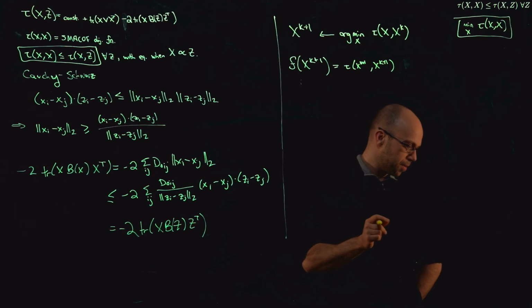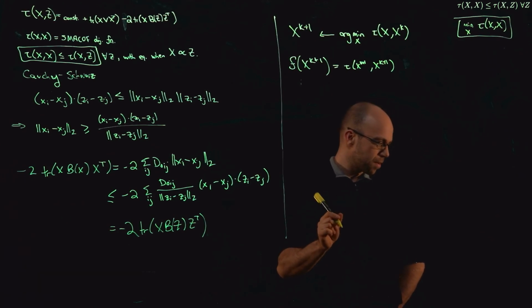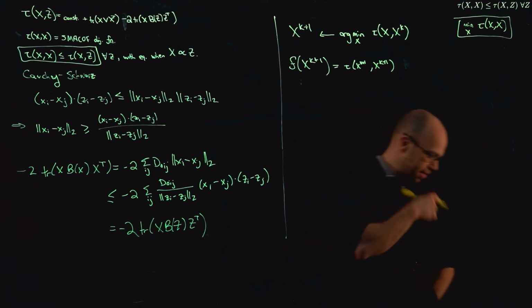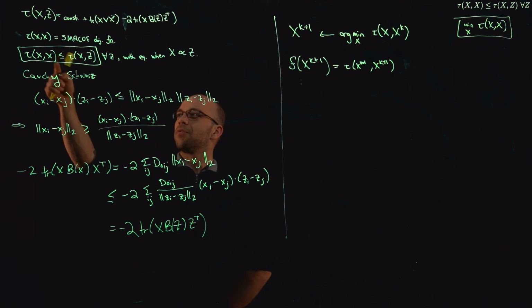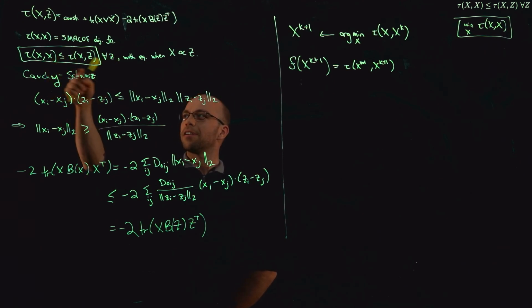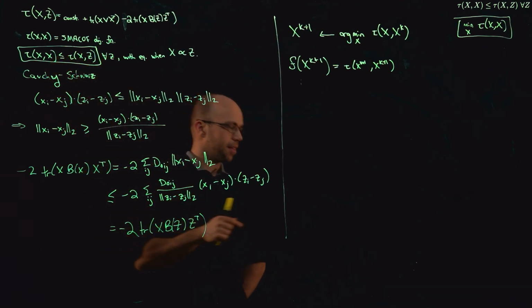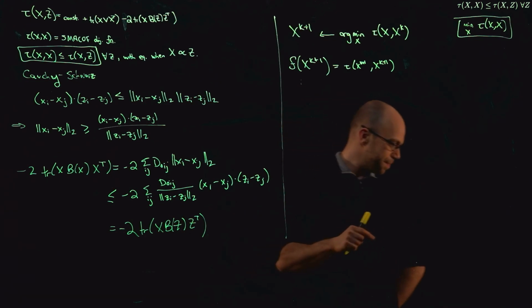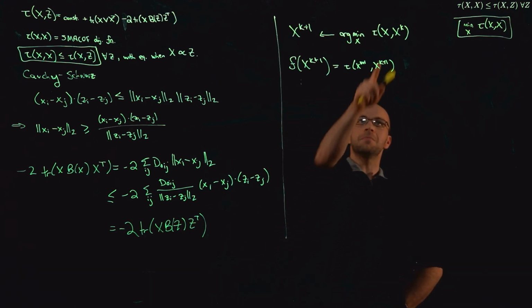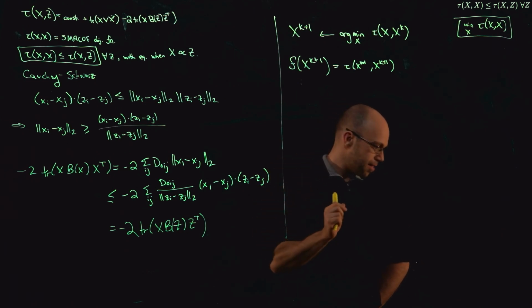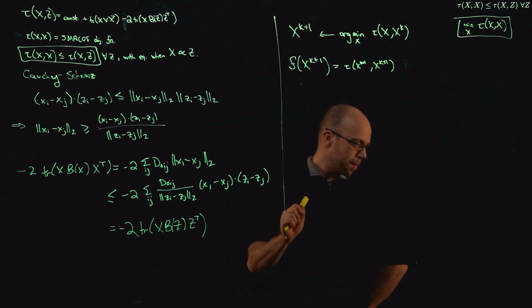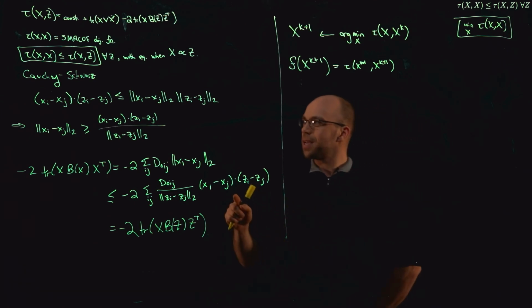Okay, so now what do we know? Well, let's see here. So we know that if we change the second argument in tau, things get bigger. Yeah? And we know that we minimized over the first argument. So let's do this in 2 steps. So based on our lemma here, right?